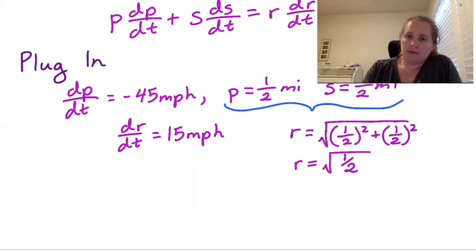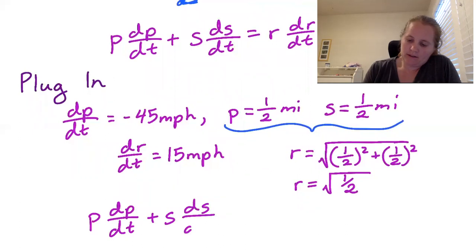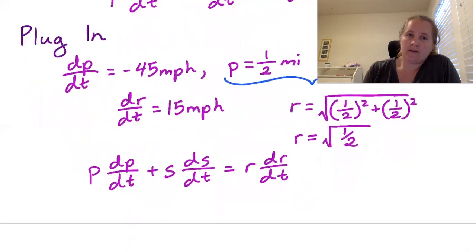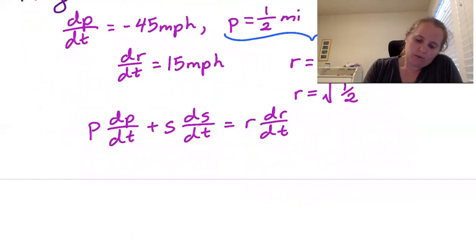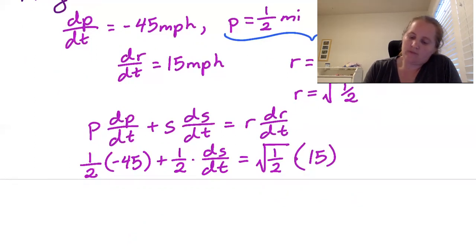So if we take our original equation and plug all of this in, we have P times dp/dt plus S times ds/dt is equal to R times dr/dt. So we have 1/2 times -45 plus 1/2 times ds/dt is equal to the square root of 1/2 times dr/dt, which is 15.